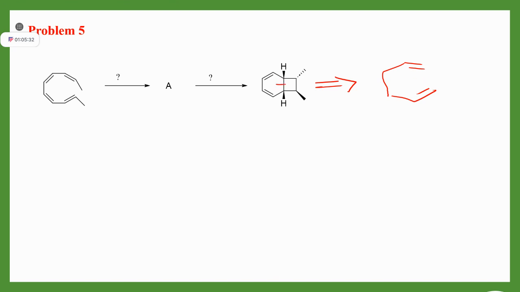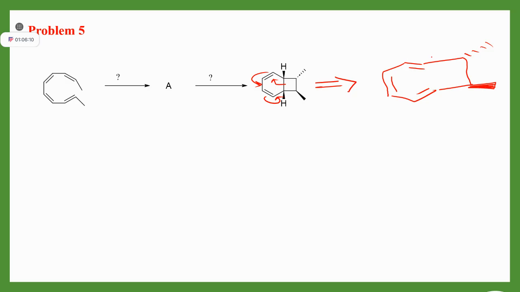Or just do it this way, if I am not wrong. Yes? Now draw this thing similarly. Correct. Now you just have to tell me whether these hydrogens will be syn or what.